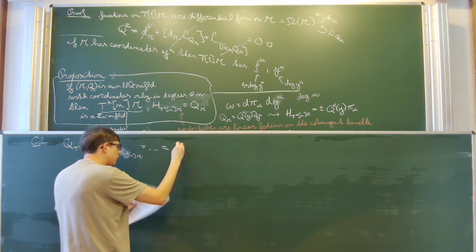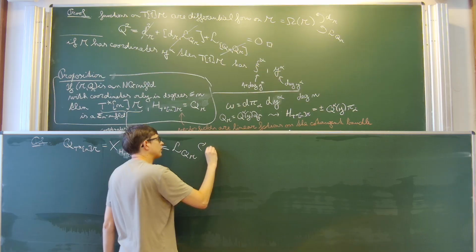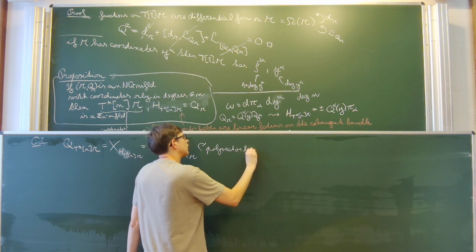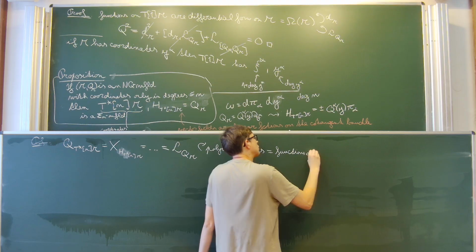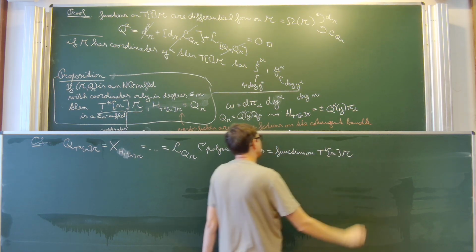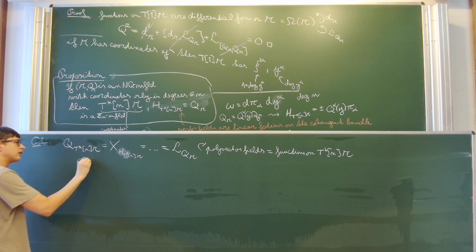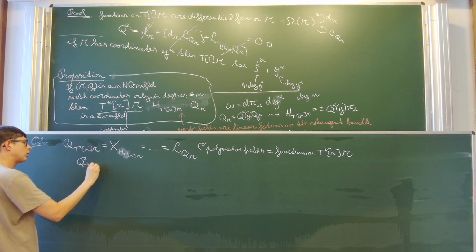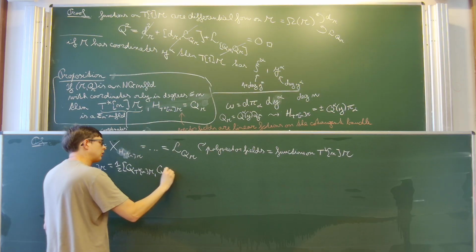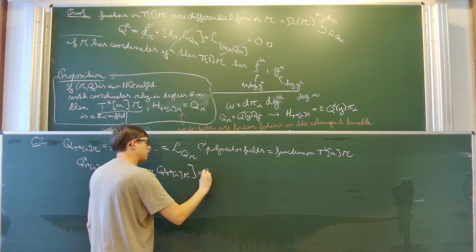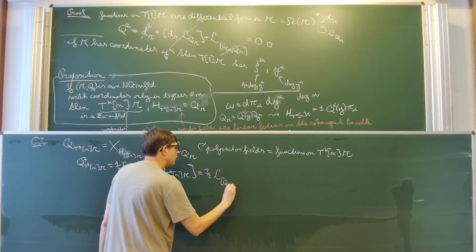then if you calculate what this is, it should come out to be a Lie derivative acting on polyvector fields, which is the same as functions on our cotangent bundle, functions on T star n M. This is one way to say that it works, and then Q squared, which is just 1/2 of the commutator, will be just the commutator of Lie derivatives, and so it will be just the Lie derivative of Qm, which is 0.